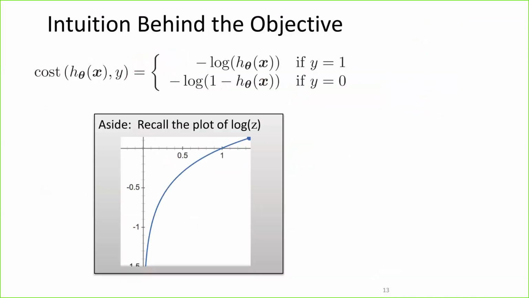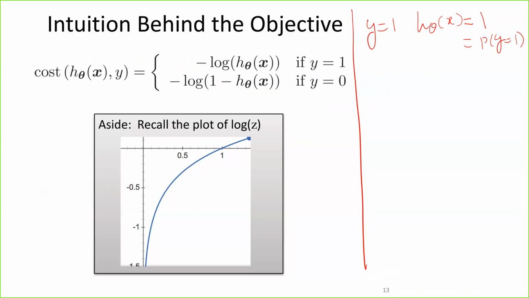All right, so now let me give you different examples and ask you a question. If yi equals 1 and h theta of x equals 1, is the prediction correct or wrong? h theta of x means the probability of y equals 1. The actual label is 1 and your prediction is saying that I'm 100% confident that it belongs to class 1. Is the prediction right or wrong? Obviously it is right, 100% correct.